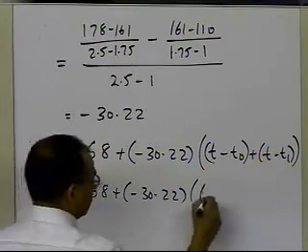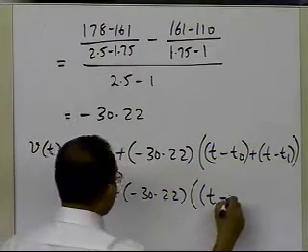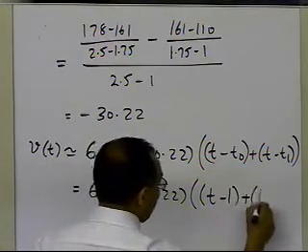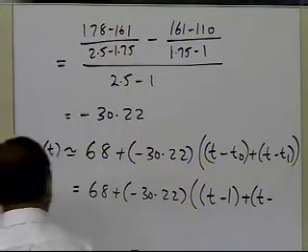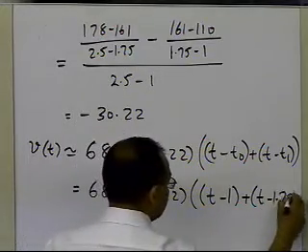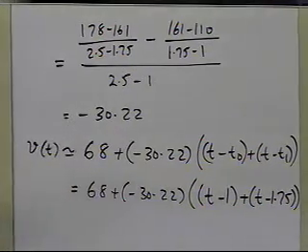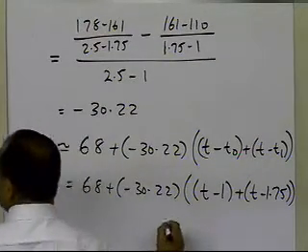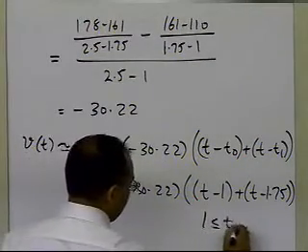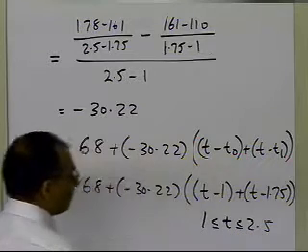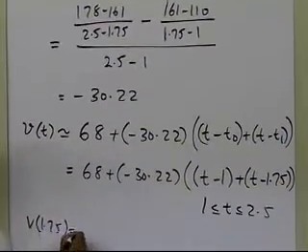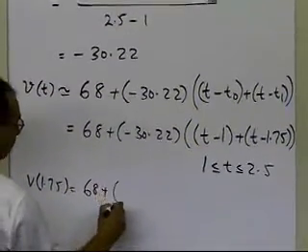With t0 being 1 and t1 being 1.75, that's the expression for the velocity, valid between the points 1 and 2.5. Now we are asked to calculate the velocity at 1.75, so all we have to do is substitute 1.75 in there.